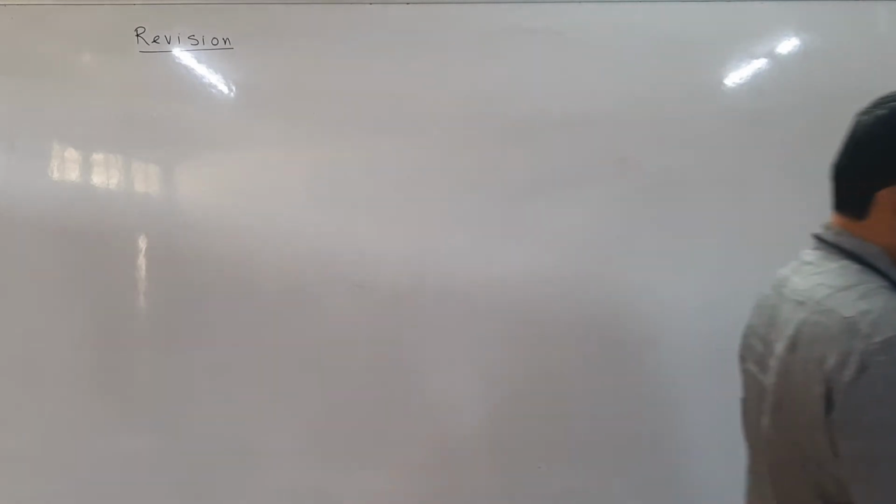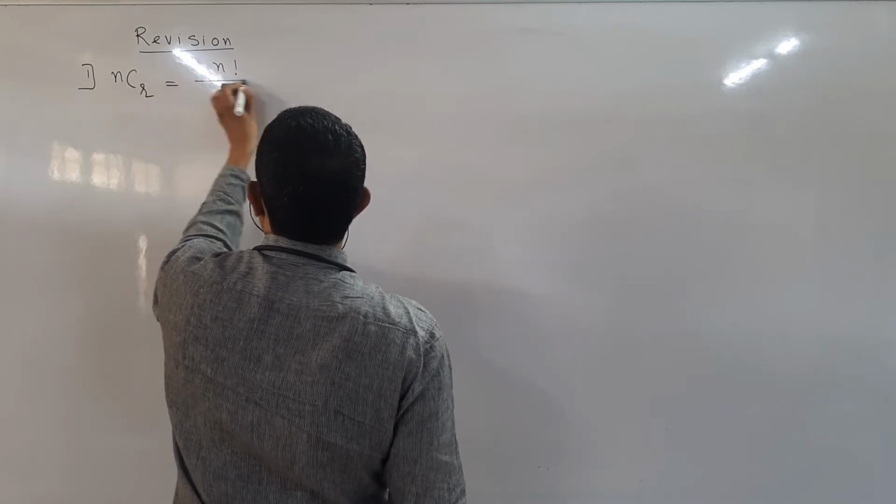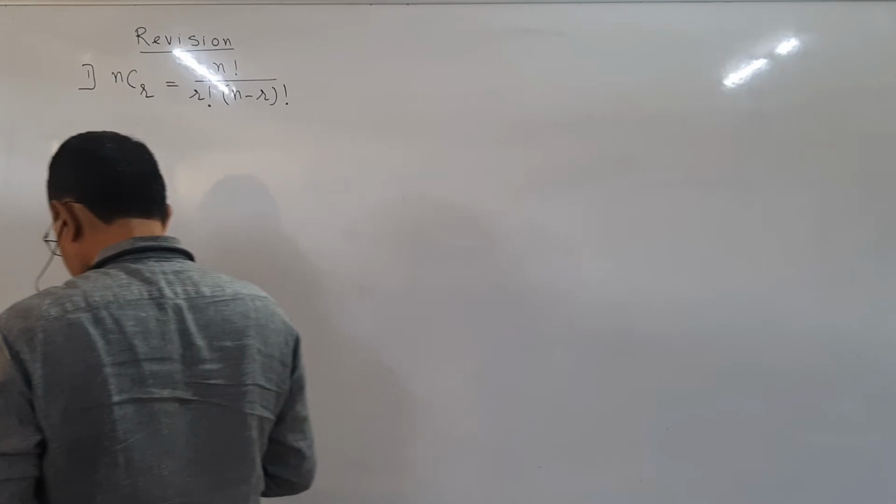The total random selections of r things out of given n things is called combination of r things, denoted by nCr, and the formula of nCr is n factorial upon r factorial into n minus r factorial.